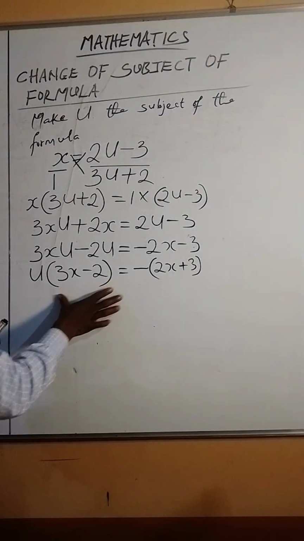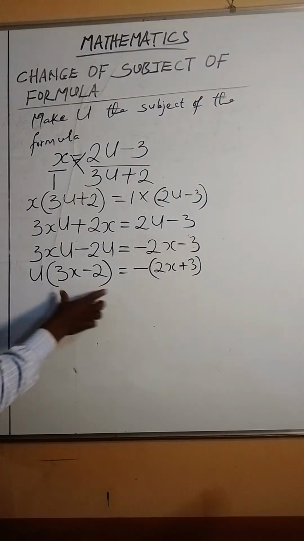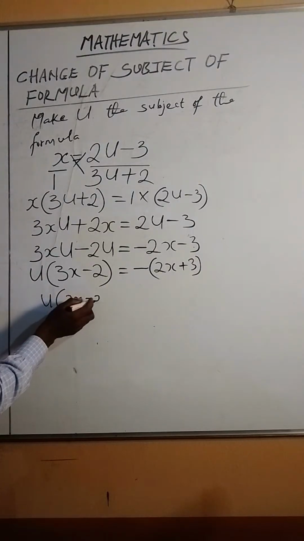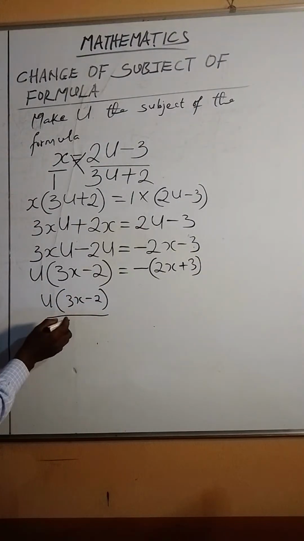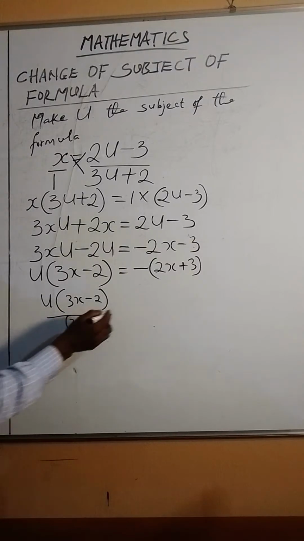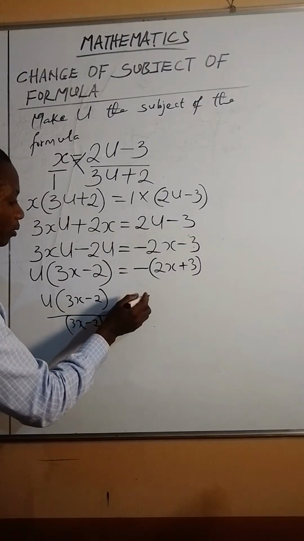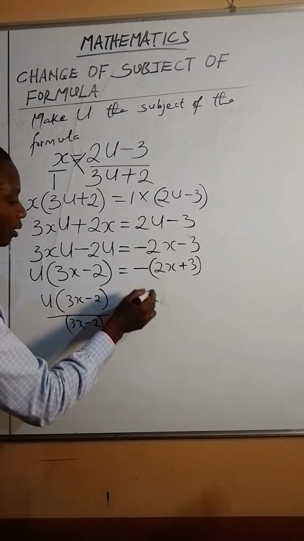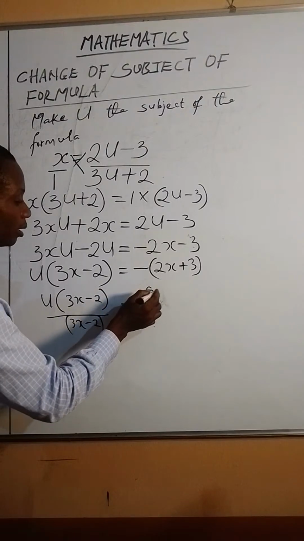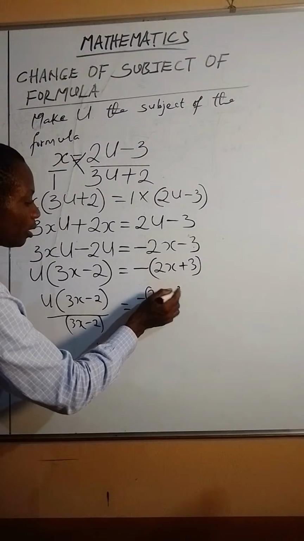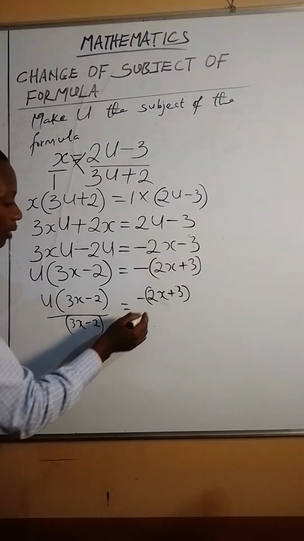So it is high time we divide both sides by this quantity, this bracket. So we have u times 3x minus 2 divided by 3x minus 2, equals minus, then we open our bracket and put our 2x plus 3 inside the bracket.